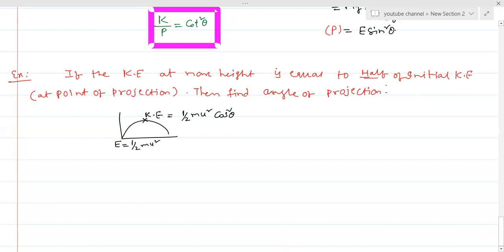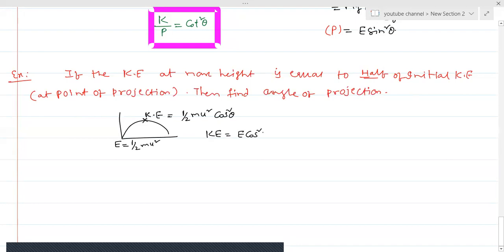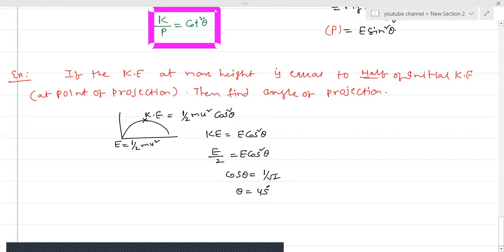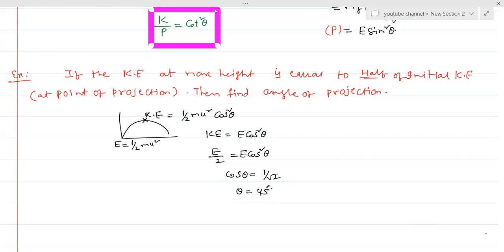It is given that the kinetic energy becomes E by 2, so E by 2 is equivalent to E cos square theta. Or cos theta is equivalent to 1 by root 2, and theta will be equivalent to 45 degrees.